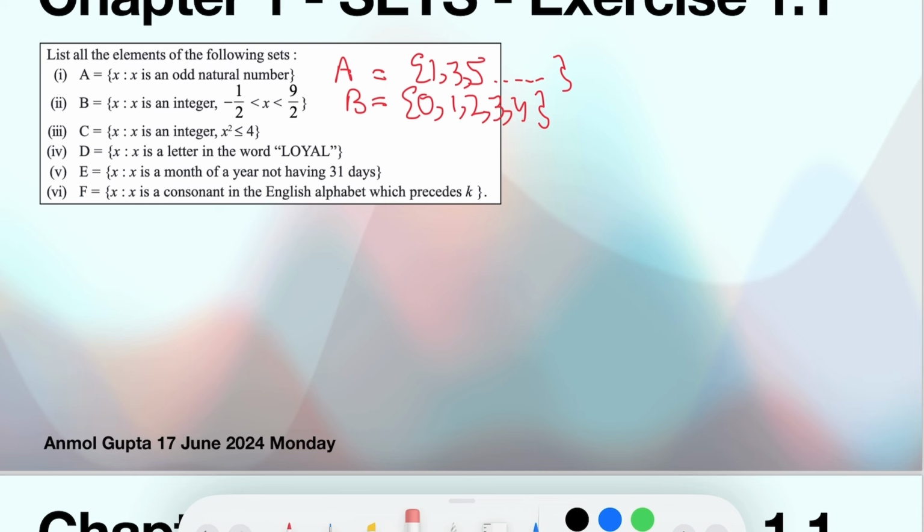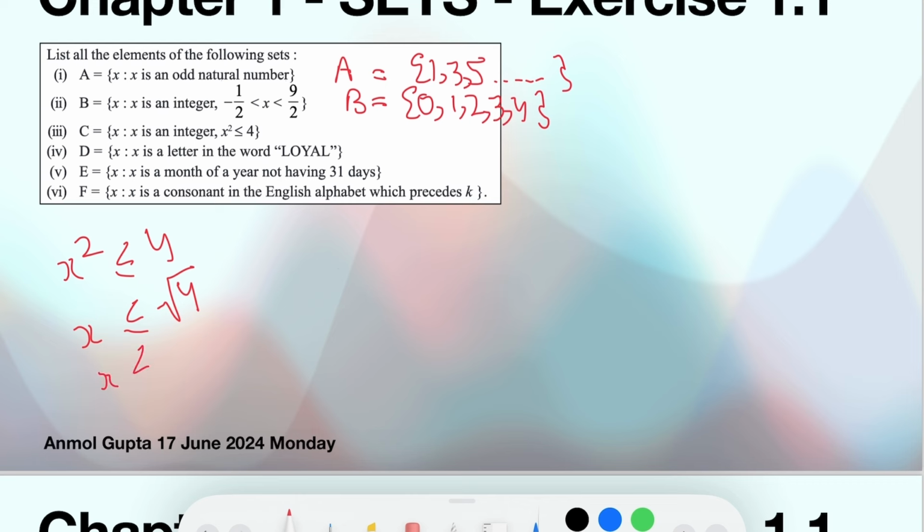Moving on to the third question, C is equal to x such that x is an integer, x square is less than equal to 4. Here we have to simplify the equation x square less than equal to 4, which can be simplified as root of 4.